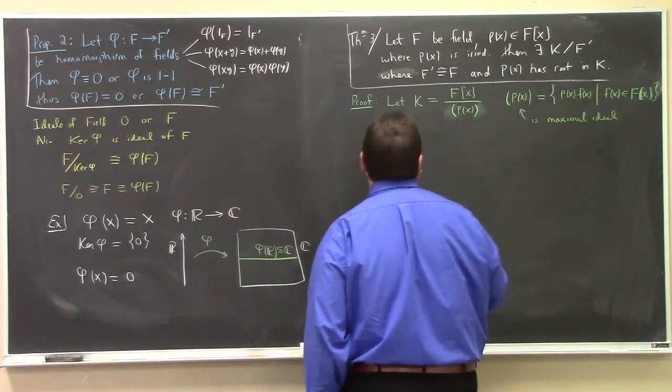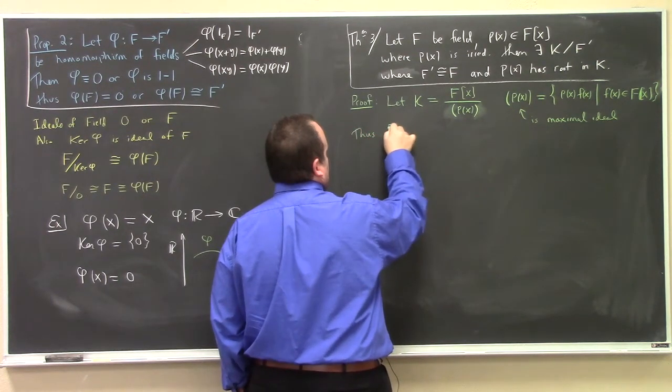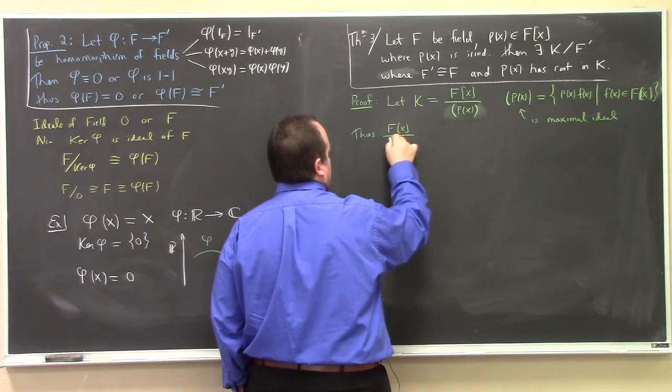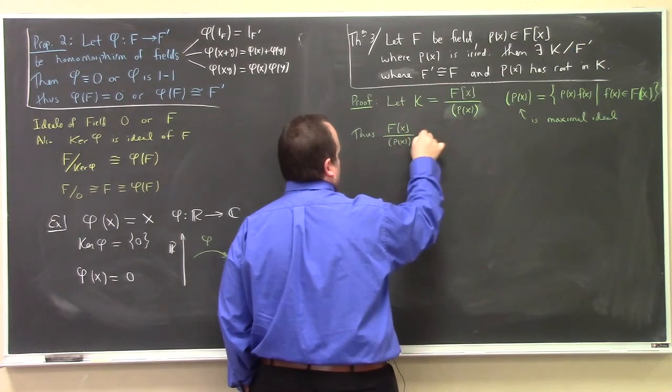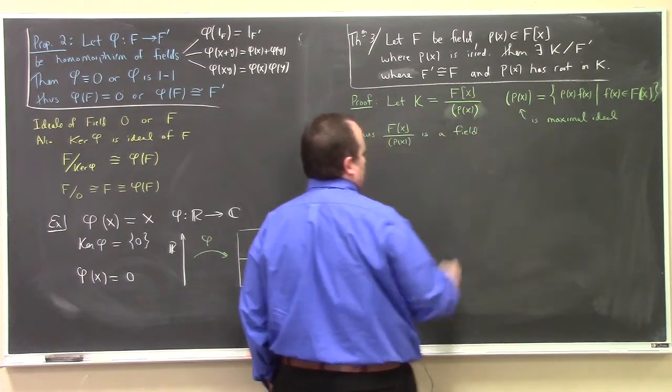And by the other theorem we proved last time, thus F of x mod this maximal ideal is a field. So we know that it's a field.